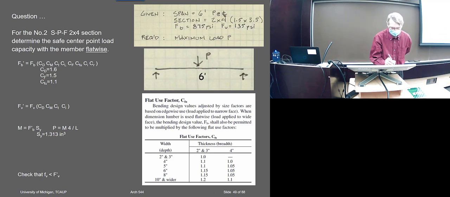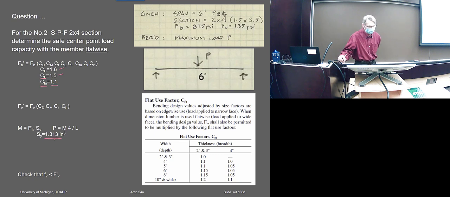Okay, so now we've got the same CD factor, same CF. We've got a flat use factor, so we pick up 10% for flat use. But the big change is my section modulus drops a lot, right?